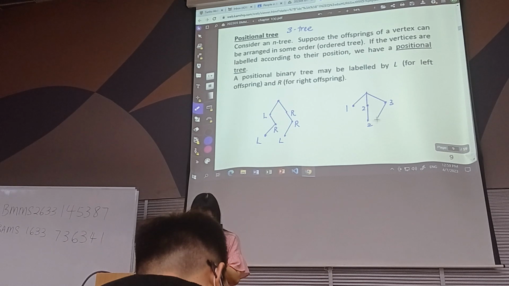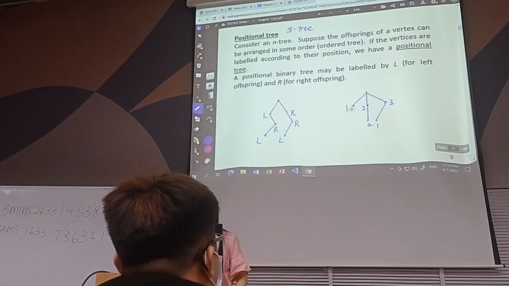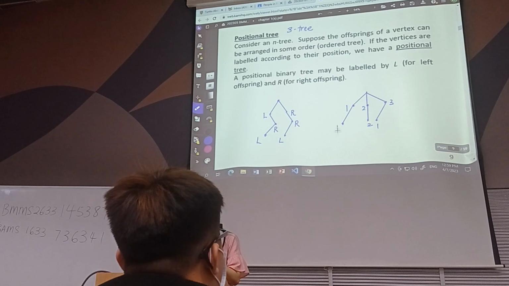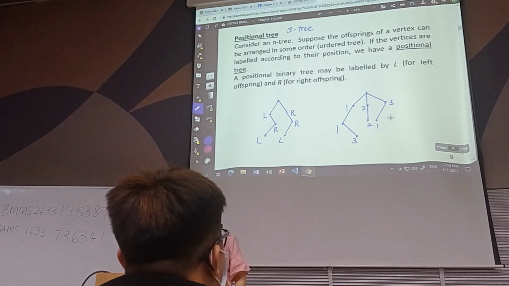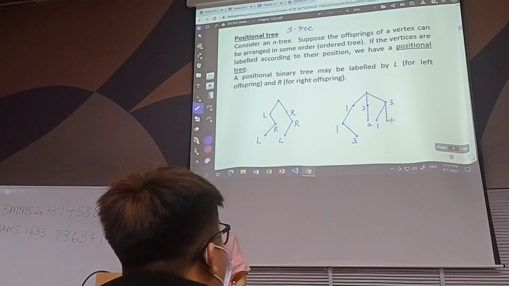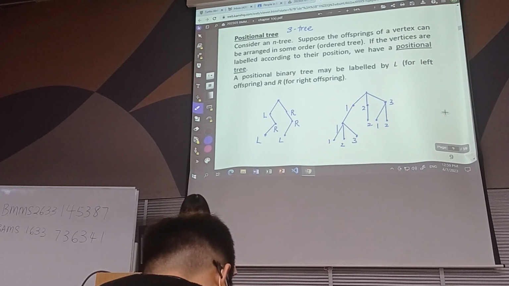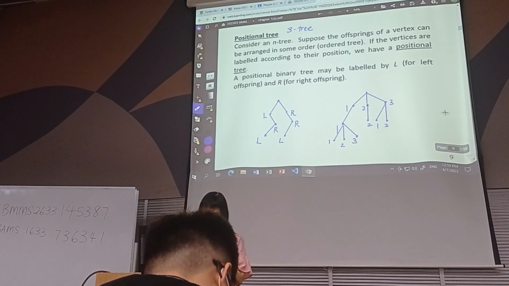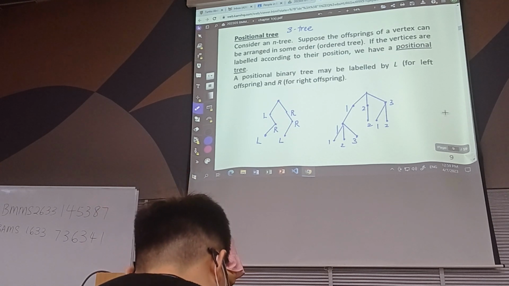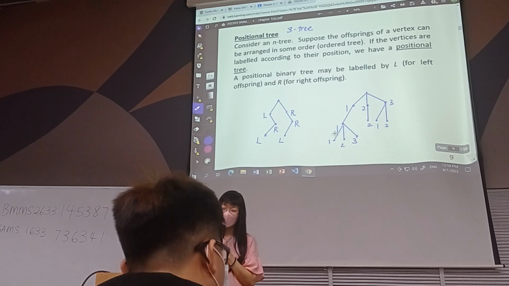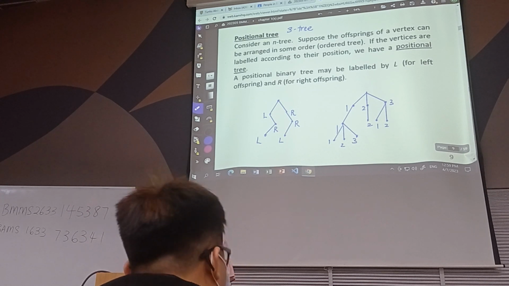This one goes to the left, you have 1 here. Go to the left, another 1 here. So this is an example of the positional tree, n equals 3. Follow their position. Left is always 1. Middle is always 2. 3 will always be at the right hand side.